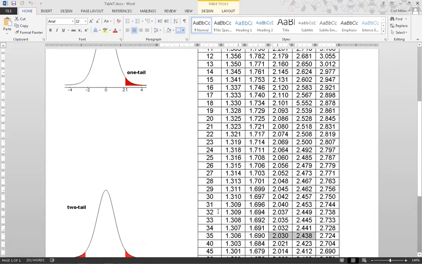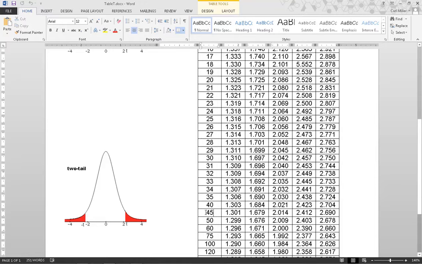So for 45 degrees of freedom, I want to bound 1.36. Well, it's going to be between 1.301 and 1.679. Now remember, I've got the two-tail probabilities at the top of the column.